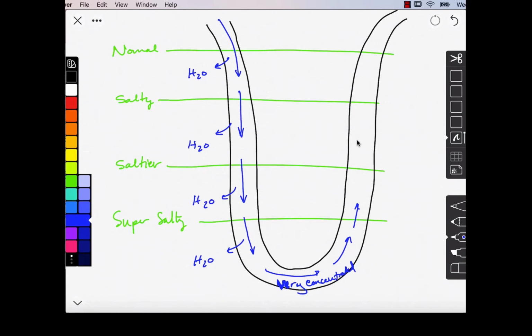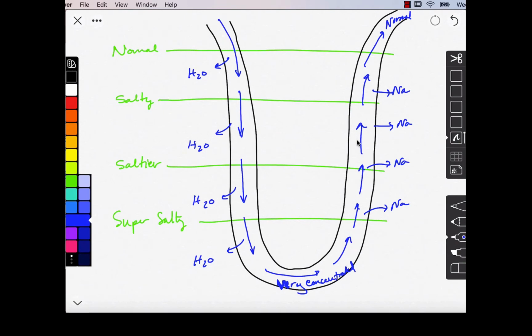This ascending limb is only permeable to salt. So here, the salt goes out. And in leaving, now we get to a point where the filtrate is back to sort of a normal salinity.